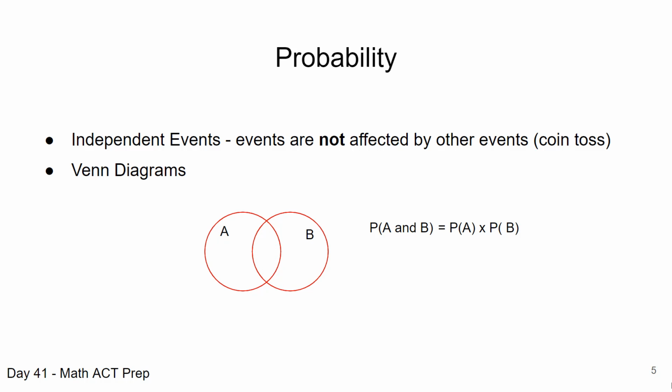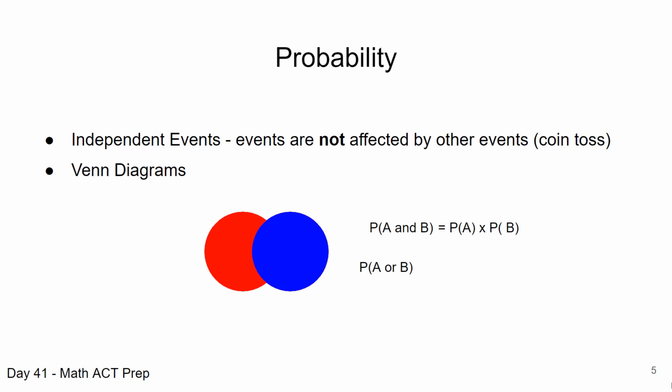That's what we're going to use to find the probability of A and B. Now, what about another area that we could look at? What about the probability of A or B? Either A can occur or B can occur. Well, let's look. Here we have the probability of A that's shown up in red, and then we have the probability of B that shows up in blue. Well, we can't just add up these two, because when we looked at the red and the blue, we had that overlap area we counted twice.